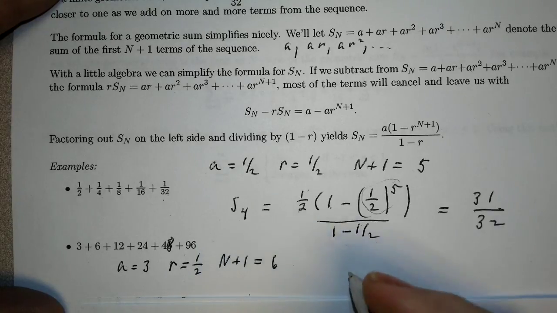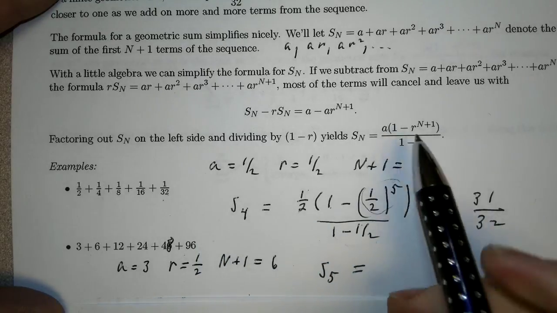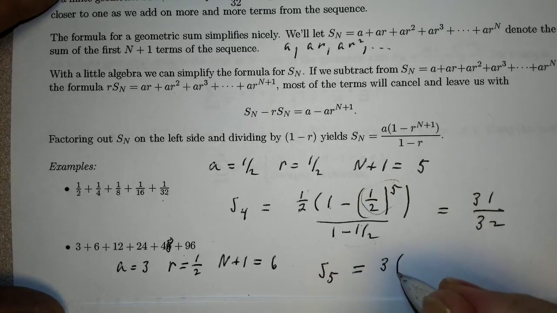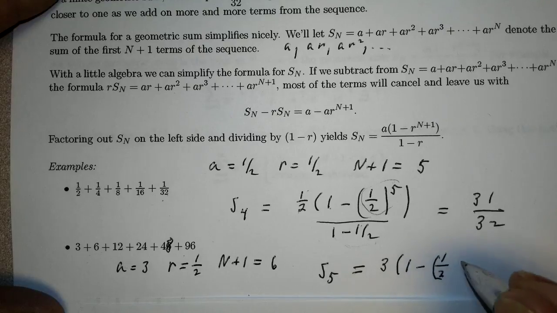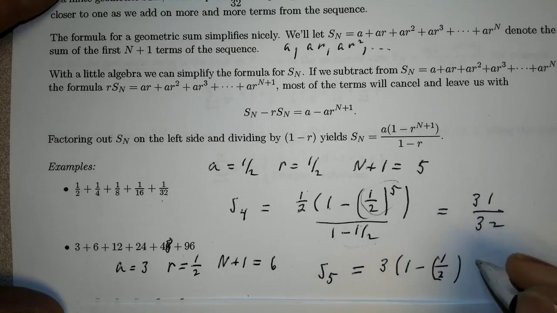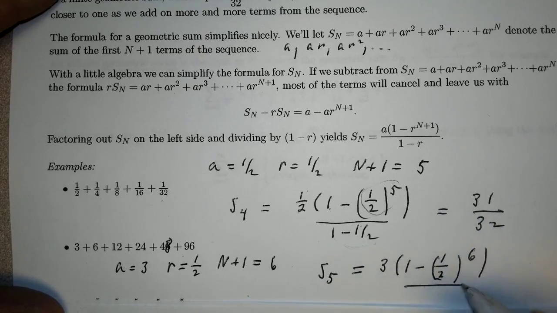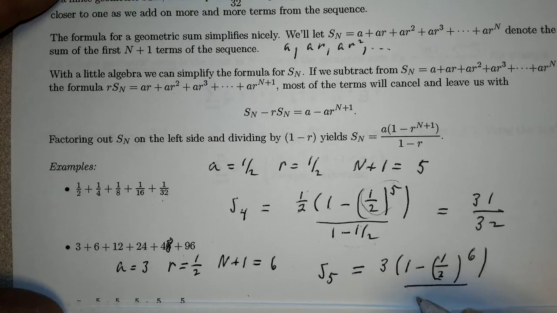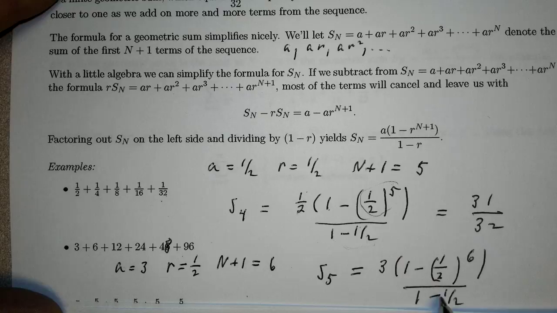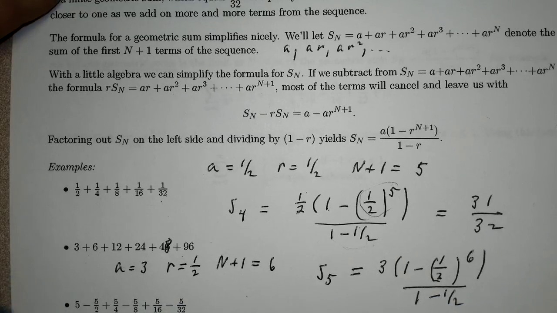So this adds up to be A, which is 3, times 1 minus 2 to the 6 over 1 minus 2. Now we could simplify this, calculate this, we won't do that.